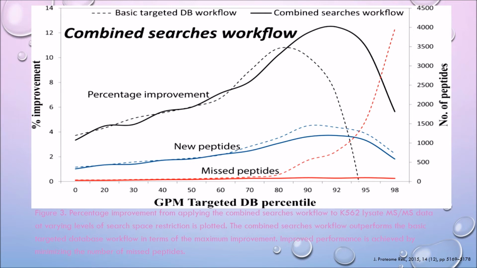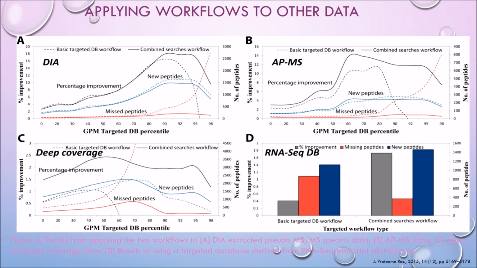Talking about the missed peptides, they got fewer missed peptides with the combined search workflow. They also use the workflows with different kinds of data, as we can see in these graphics. The patterns are similar for the different kinds of data, and in all the data sets they get a better improvement when using the combined search workflow.